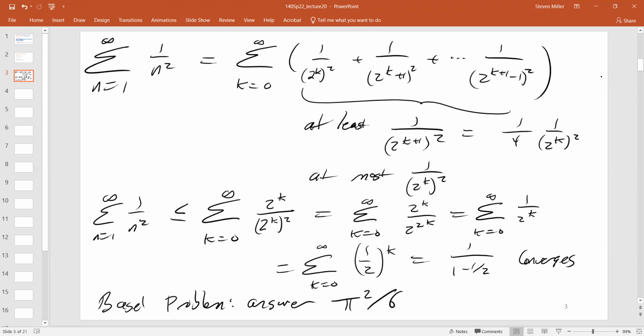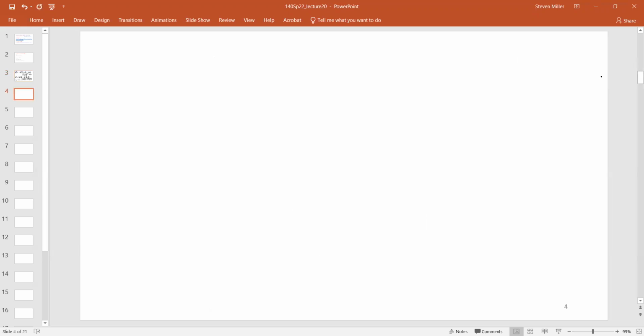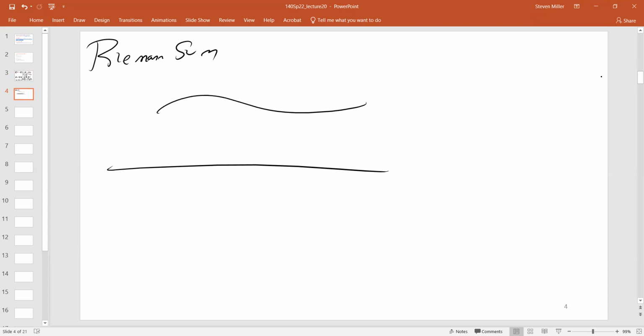Integrals, the Riemann sums. And in fact, this is actually equal to zeta of 2, where zeta is the Riemann zeta function. So this is a really big day for Riemann. So we've seen Riemann sums, and the idea of a Riemann sum is we have our function, and we chop the interval from, say, 0 to 1 into lots of pieces.